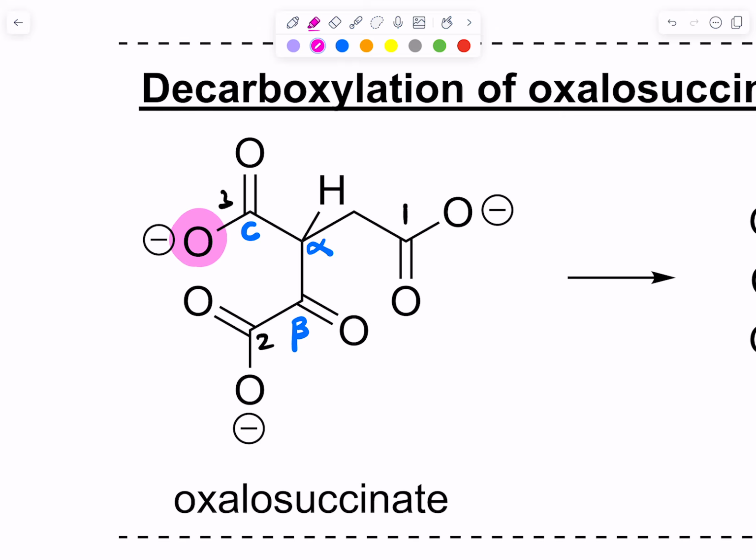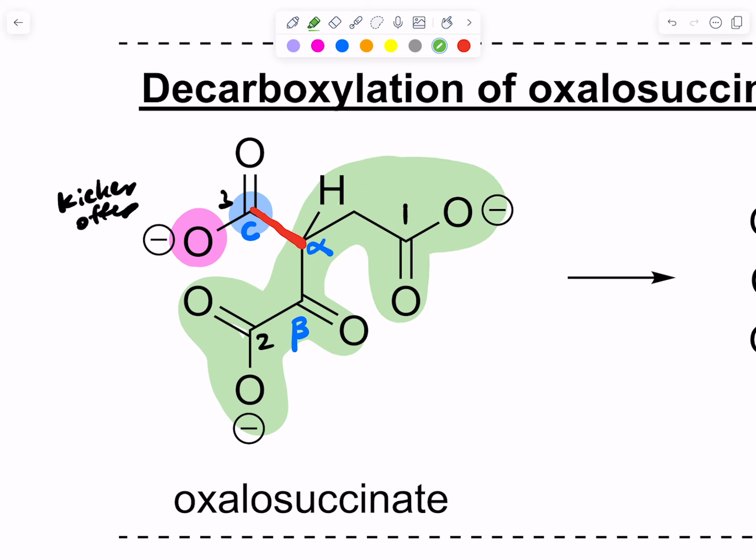Yeah, it's the negatively charged oxygen on the carboxylate. This is a little bit tricky to find. You remember to start with the carboxylate, then here is the carbon that's going to be CO2. This is the bond that's going to be broken, and everything on the other side of that bond is the leaving group.